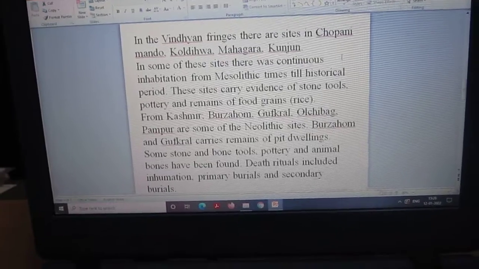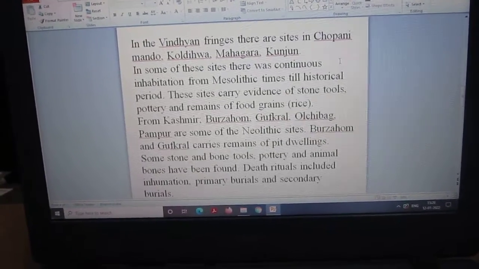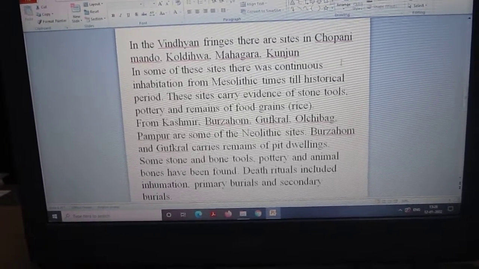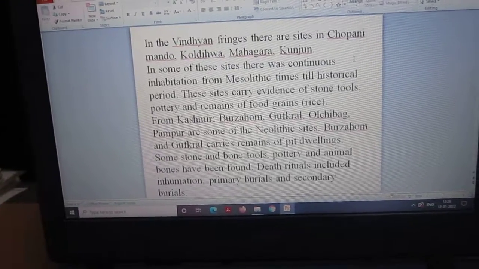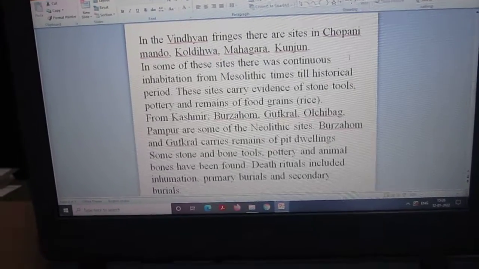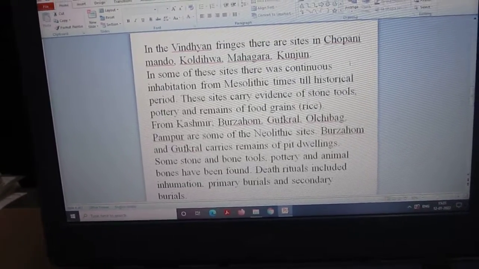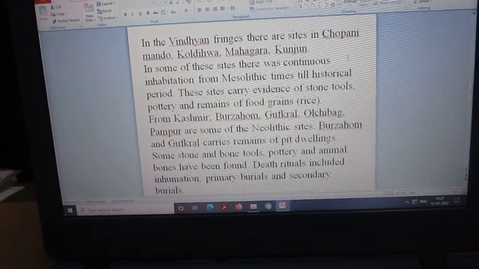From Kashmir we have sites such as Burzahom, Gufkral, Olchibag and Pampur. Of these, from Burzahom and Gufkral, we find evidence of pit settlement. That means some pit remains have been found, and it seems that people lived here. Also there is some evidence of hearths outside the pits, and some storage pits near the dwelling pits.